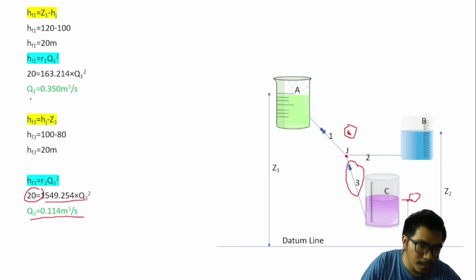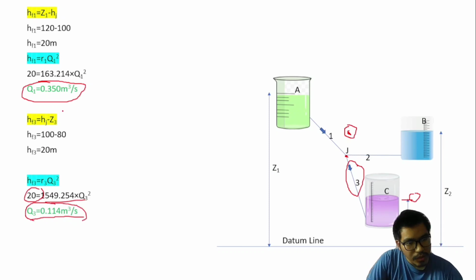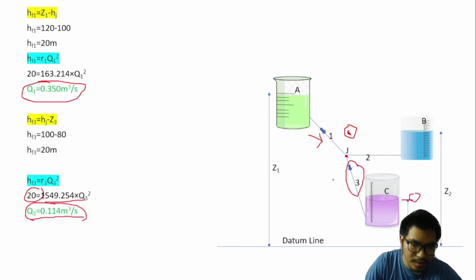From this Q1 and Q3 we notice that Q1 is more than Q3, that means this discharge is more than this discharge, so the excess discharge will go here, so water flows from J to B. So we can write Q1 equals Q2 plus Q3.